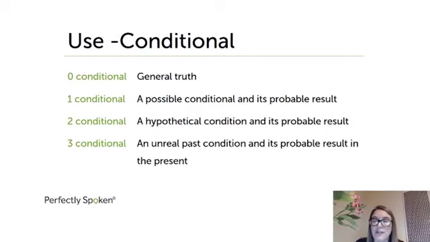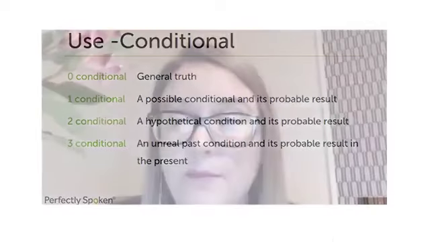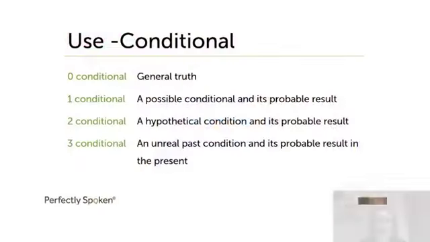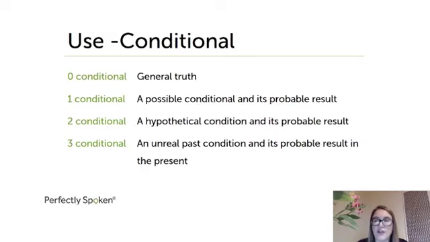First conditional is a possible and its probable result. So something is possible, and then you talk about the probable result. So if it rains, the grass will get wet. It's quite likely that that's a result if it's forecast to rain. Second conditional, a hypothetical condition and its probable result.